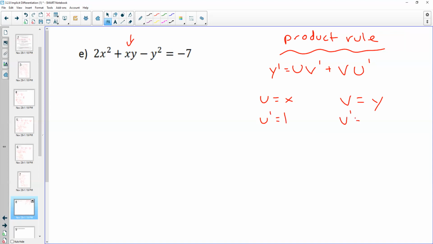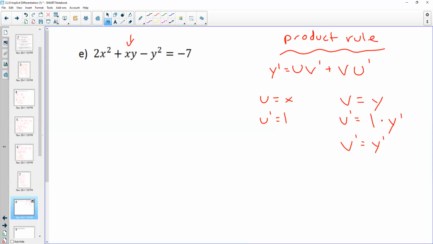Remember, anytime that we differentiate y, we have to include our y prime in there. So v prime is equal to y prime.